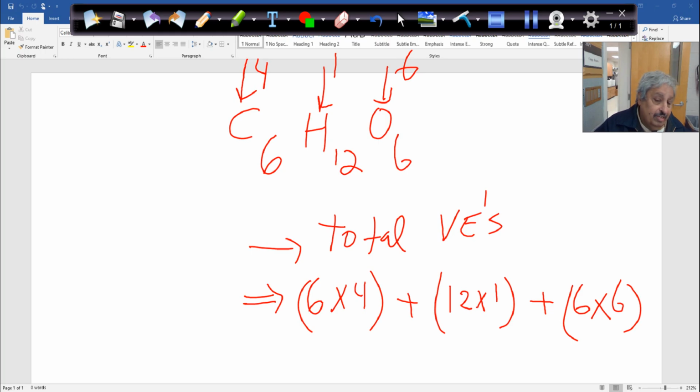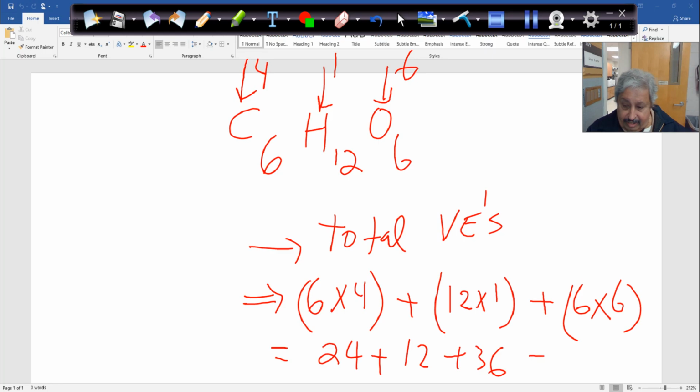So this is 24 plus 12 plus 36, which is 72 VEs. Everybody agrees?